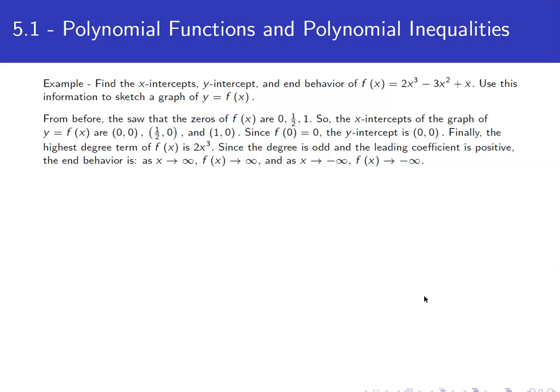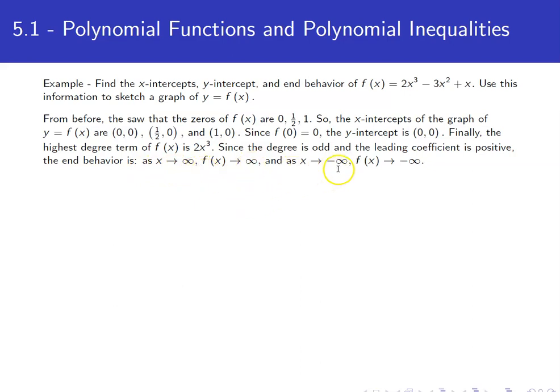Let's look at the end behavior now. The highest degree term is 2x cubed, so the degree is odd and the leading coefficient is positive. That tells us that the right tail points up and the left tail points down. So we describe that in symbols as x goes to positive infinity, f of x goes to positive infinity.